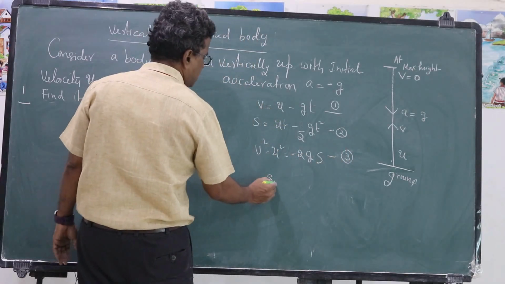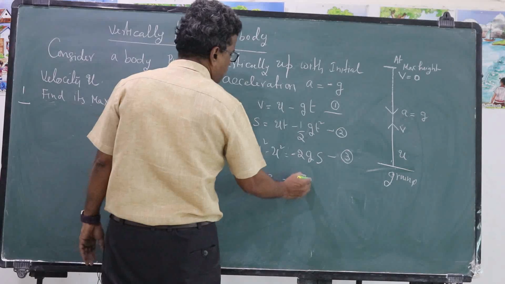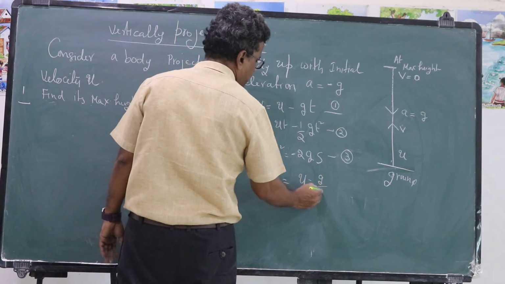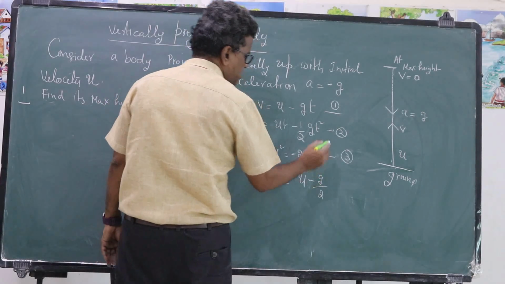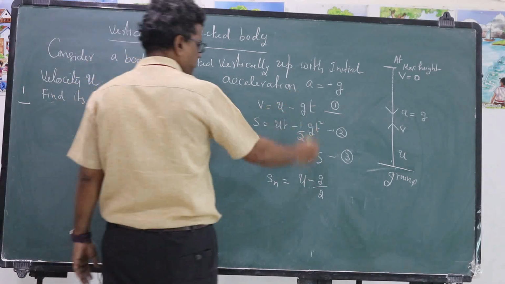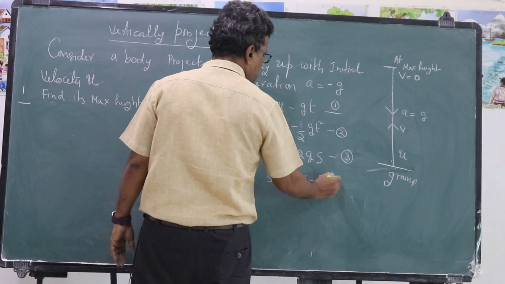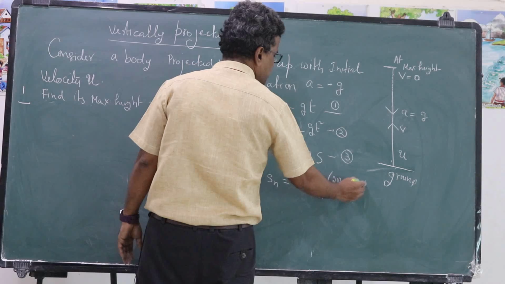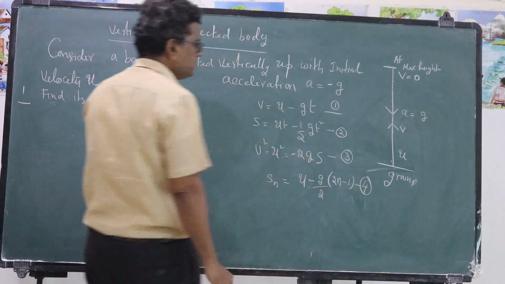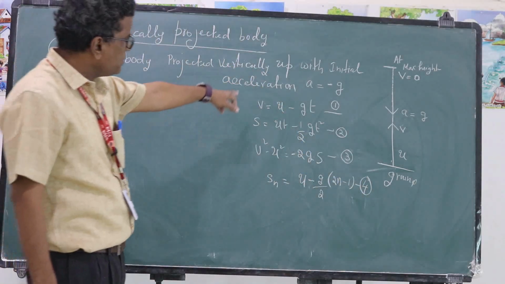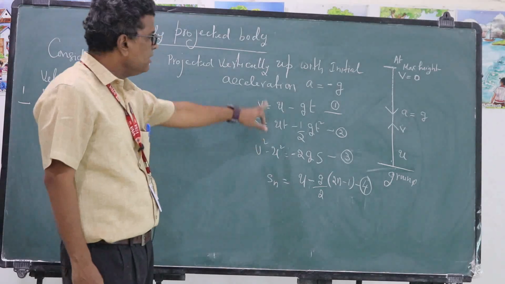Fourth one: S_n is equal to u minus g by 2 into (2n minus 1). We have to write g instead of a, with the minus sign. This is the fourth equation. So I applied equations of motion for the vertically projected body.